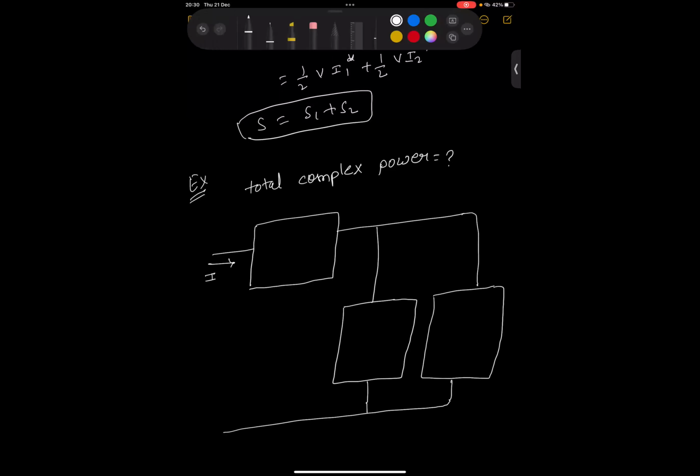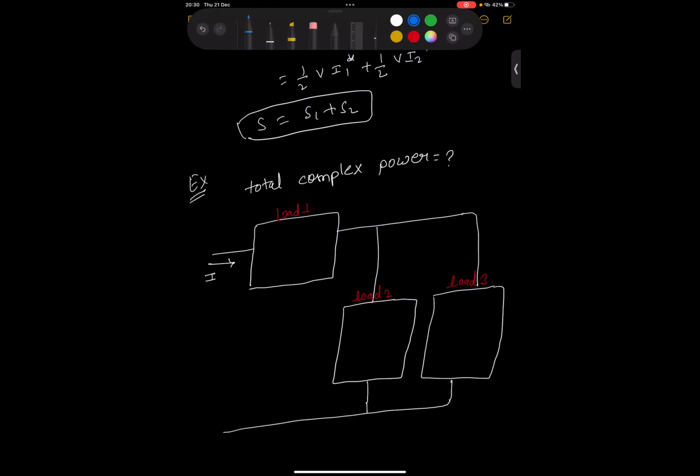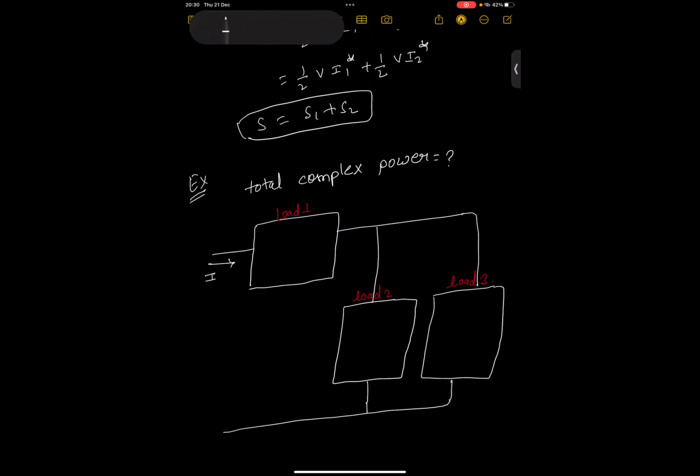Load 1 is given. Here is load 2. Here is load 3. Load 1 is 0 var and 100 watt, means resistance, this one is 100 watts.